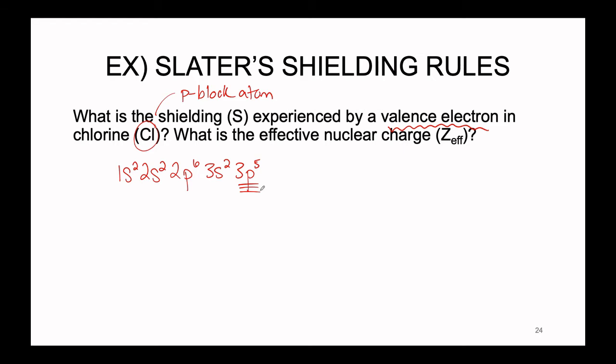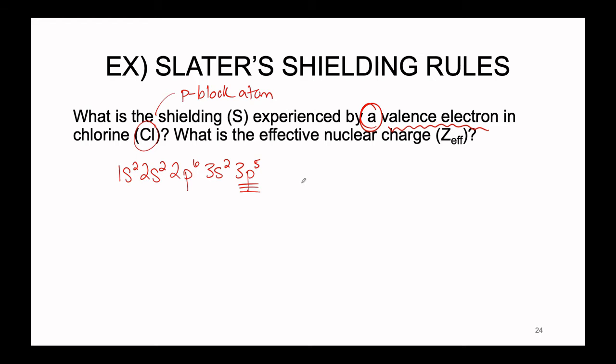We're going to be paying attention to the 3p orbital and its 5 electrons. If we want to calculate the shielding for a valence electron, we're going to pick out one of these electrons to be the one we pay the most attention to.